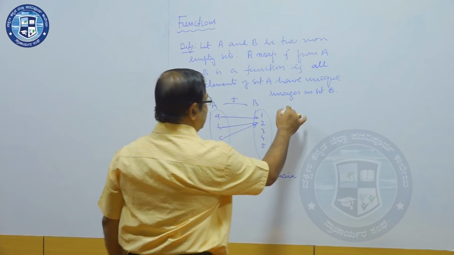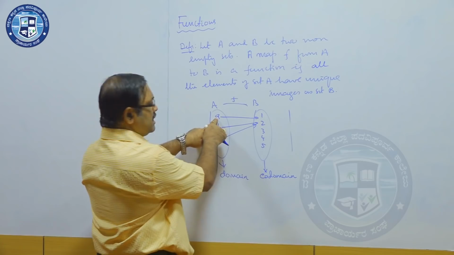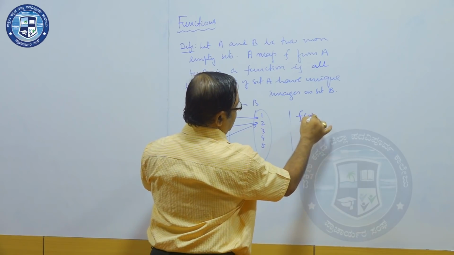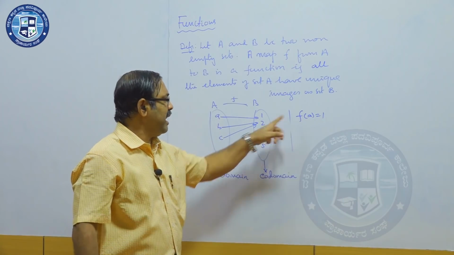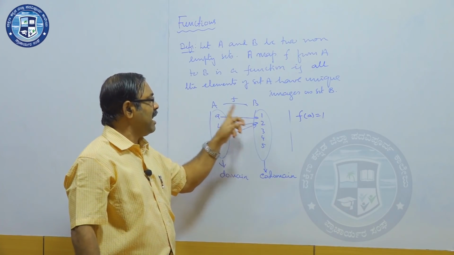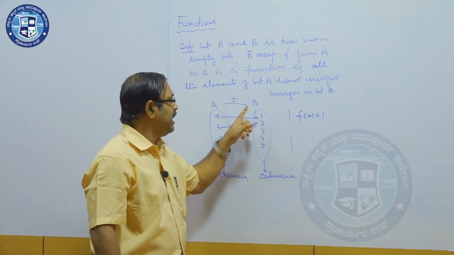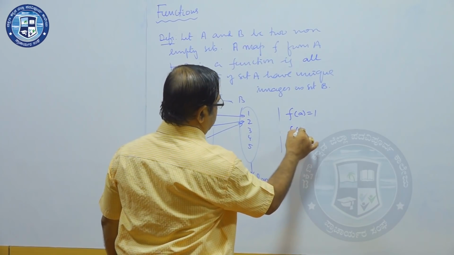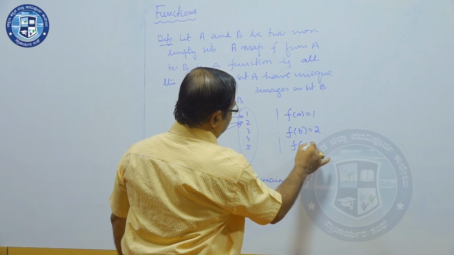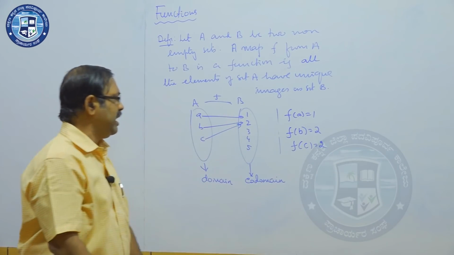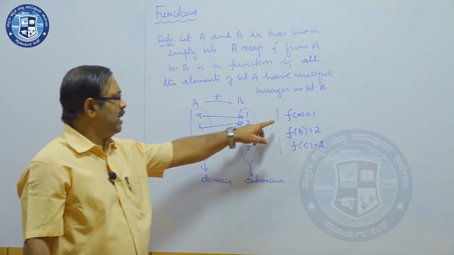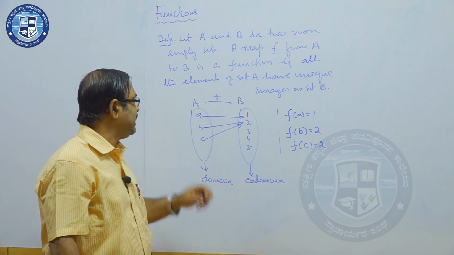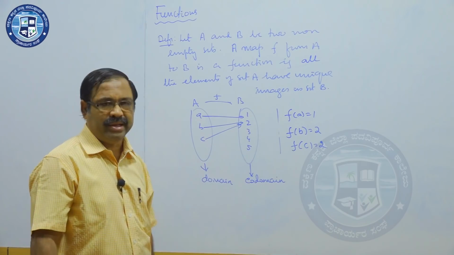Generally we write, A is the element of set A, 1 is the image, so I am writing f of A is 1. F of A is the image of A under f. What is f of A? The image of the element A under f. See, we have f of B is equal to 2, f of C is equal to 2. So it is said to be a function provided all the elements of set A have unique images.